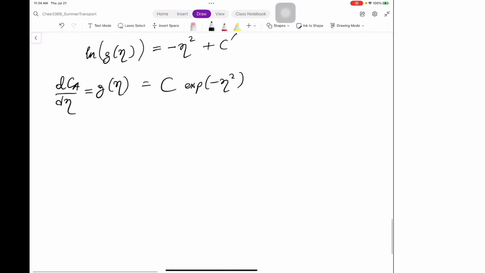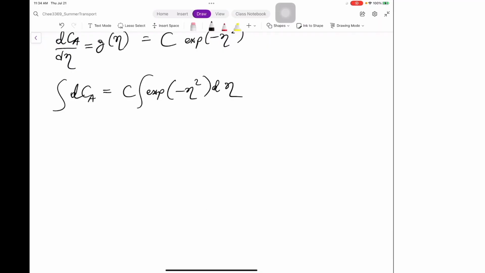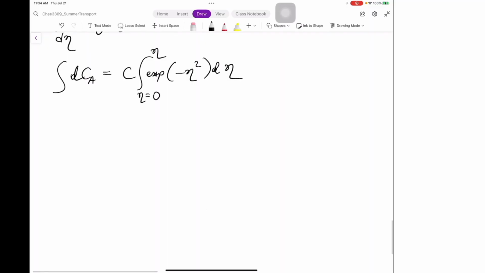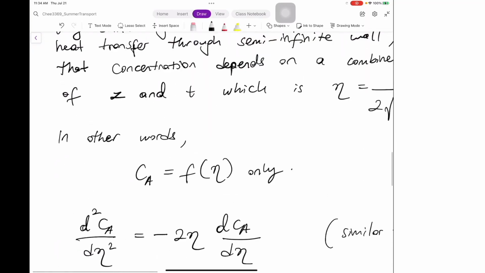Now you can solve for CA. Let's do it one by one. dCA is c times exponential negative eta squared d eta. Take the integral once again, from, for example, eta equal to 0 to any eta. At eta equal to 0, CA is equal to, that's my boundary condition.